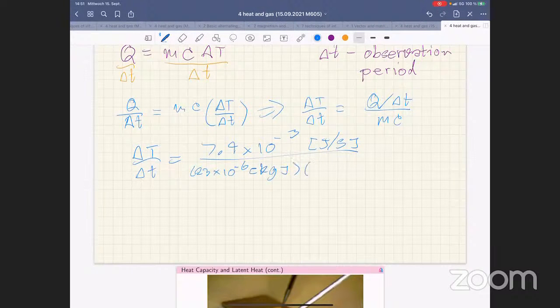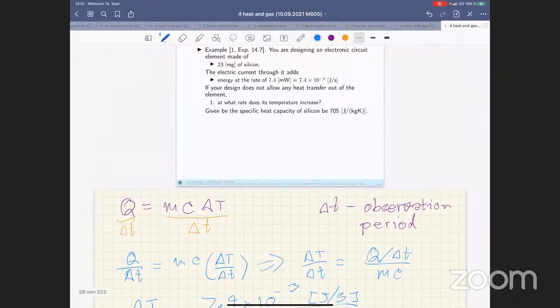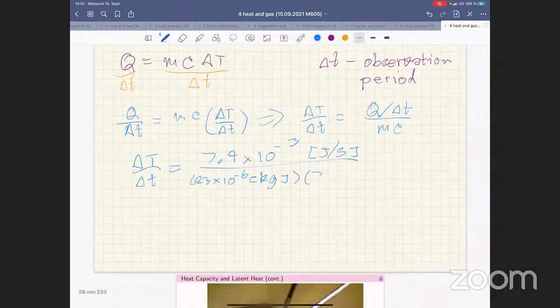And C is the specific heat of the silicon, this semiconductor, 705 joule per kilogram Kelvin. All right. Yeah, and then we would put this value into the calculator.